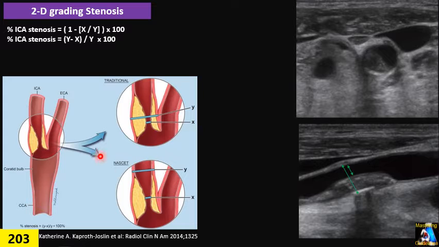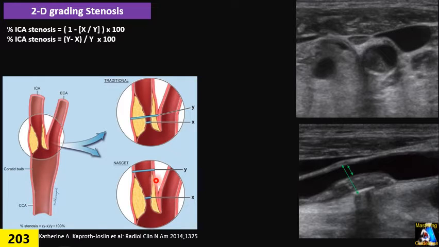Nowadays, we use the NASCET trial technique. We measure the narrowest diameter of the residual duct, then go distal to that and find the spot where both walls are parallel to each other. Then we measure outer to outer.